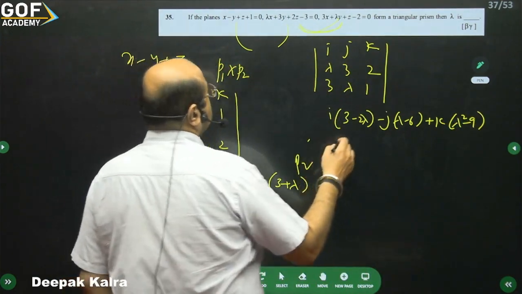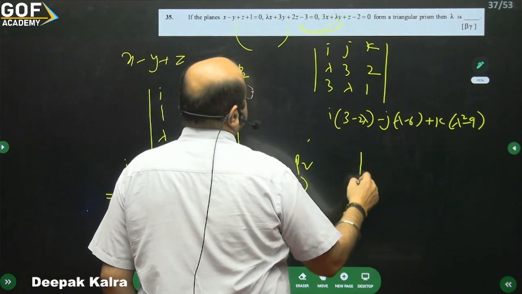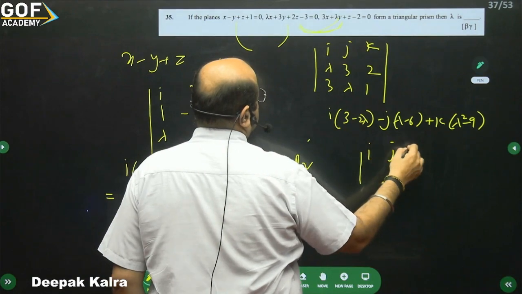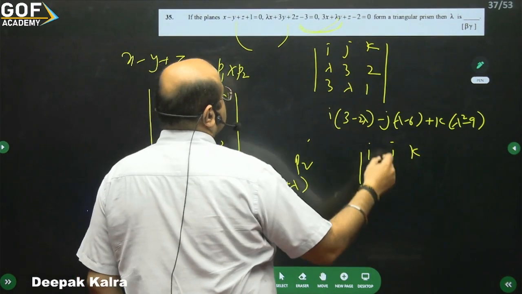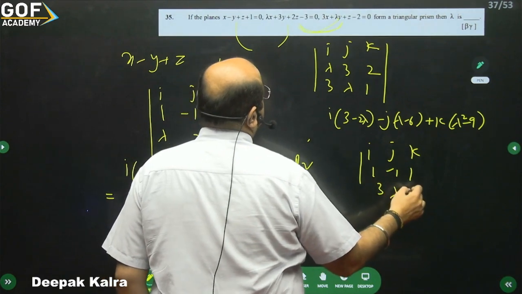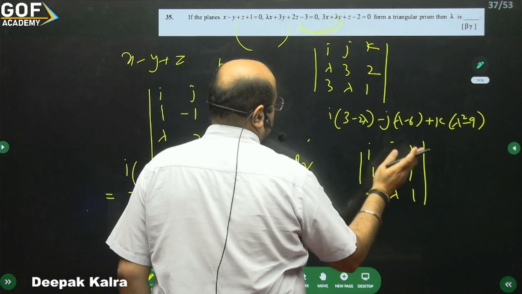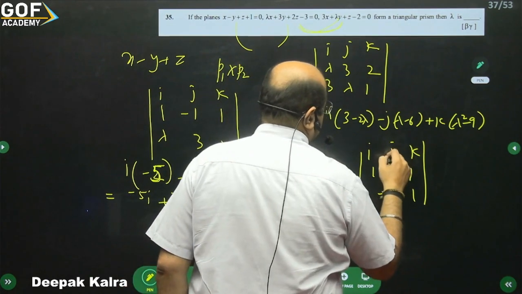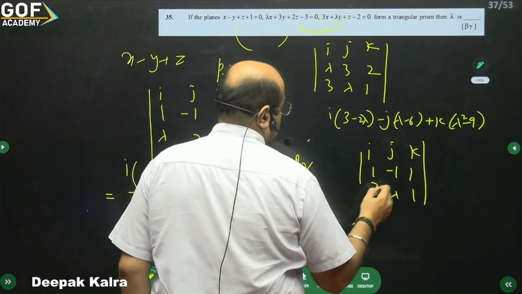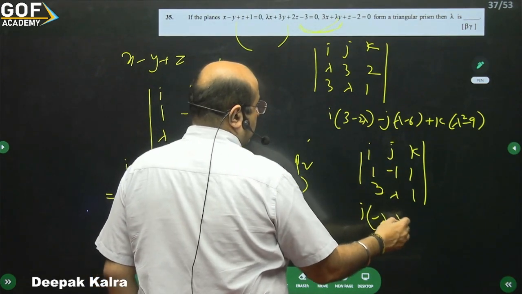And lastly, the first and last one. If the question says like this, I'm thinking these are the only normal vectors I have taken: 3, lambda and 1.